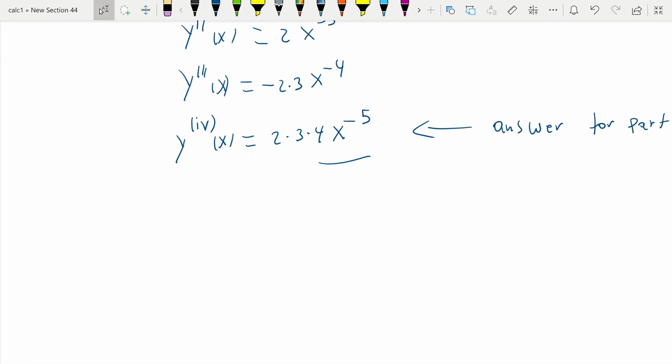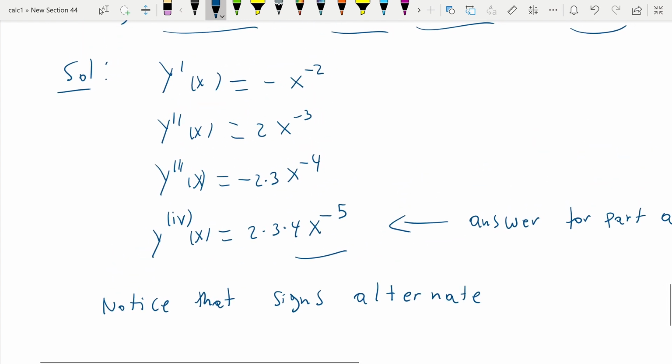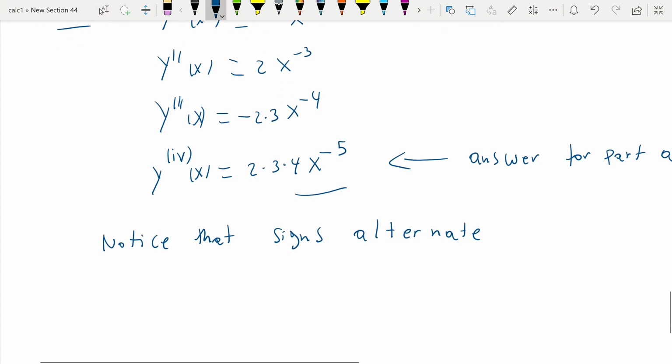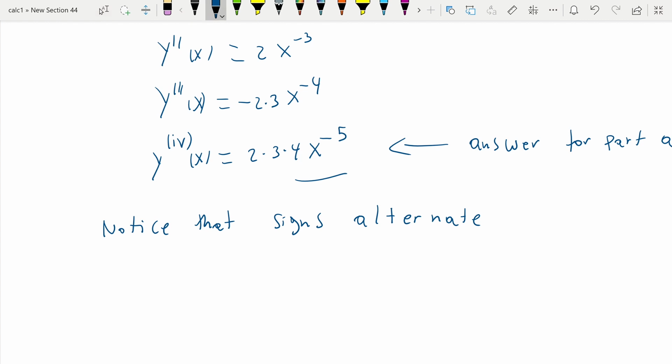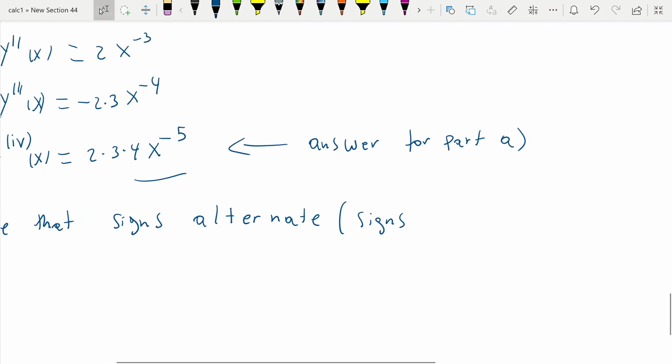Now, notice here that the signs alternate. So when we differentiate it one time, 3 times, 5 times, we get a negative sign. So the signs are given by -1 to the n.